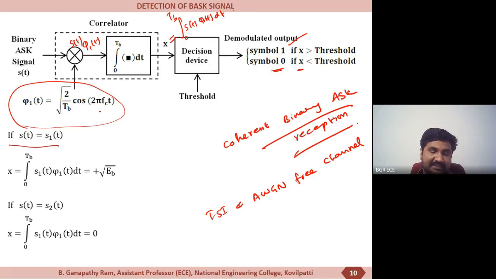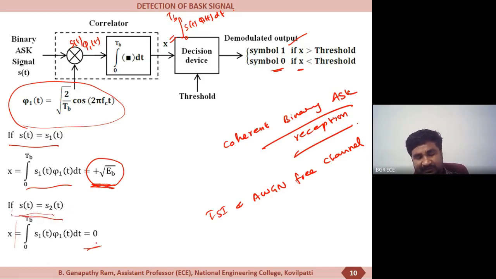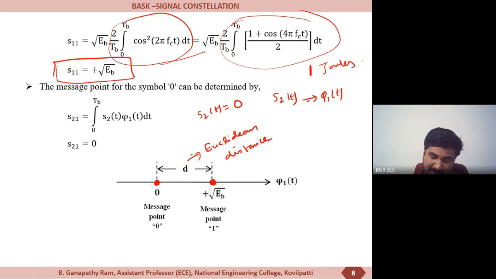If S of t is equal to S1 of t, that means the binary data 1 is transmitted with the help of the symbol S1 of t, then the detected value will be plus root EB, and for the transmission of the binary data 0, S2 of t is transmitted, then x will be equal to 0. So here a threshold should be chosen midway between these two points.